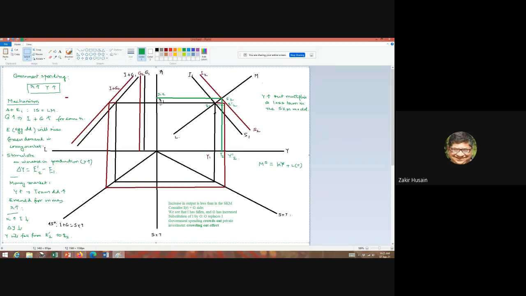What will happen is you will have a circular trend, just as in the cobweb model. But in the ISLM model, once you reach the intersection of the two curves, both the markets are in equilibrium. There's neither excess demand nor excess supply in both commodity market and money market.